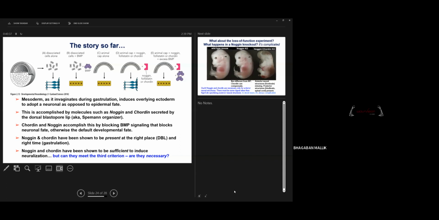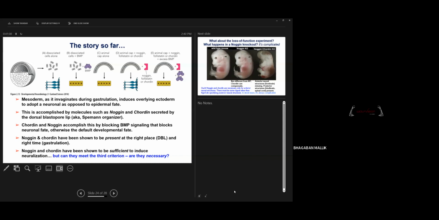In the next slide I'll be talking about some genetic studies people have done in the noggin mutants or chordin mutants, to say whether noggin and chordin are sufficient to form all the nervous tissue, or whether there are other signals which also induce formation of nervous tissue.